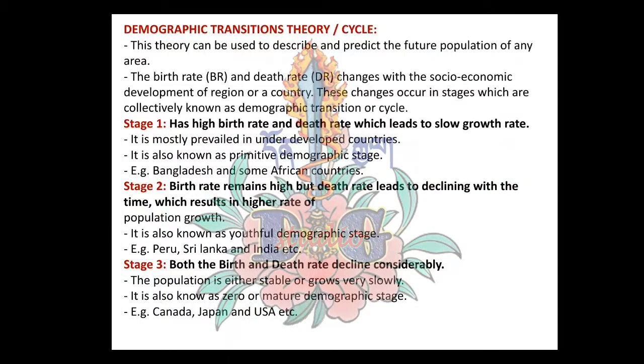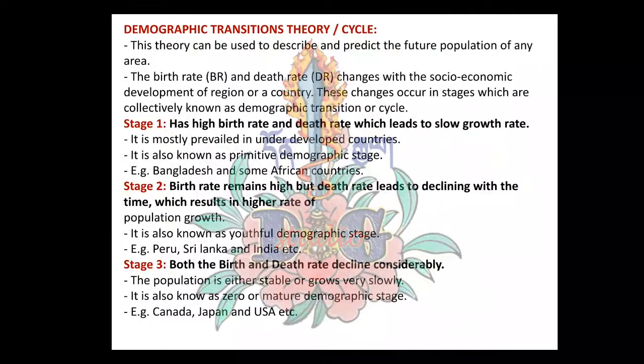The birth rate and death rate of a region change with the level of social and economic development. These changes occur in stages, collectively known as the demographic transition theory or cycle.